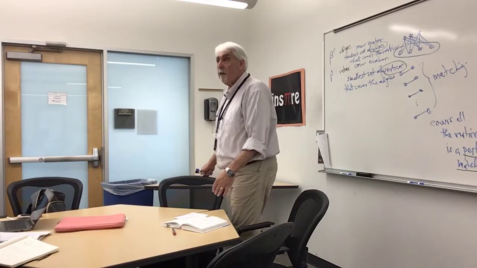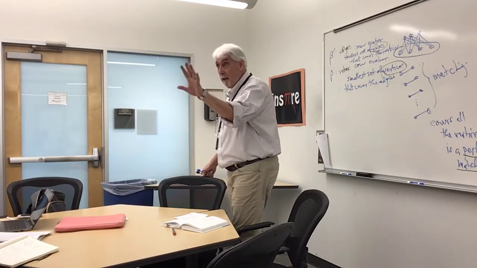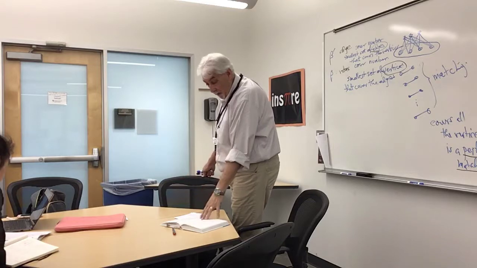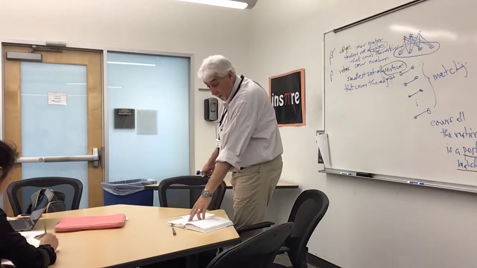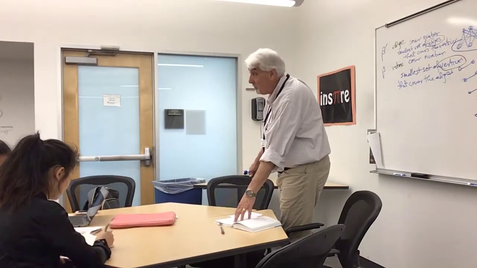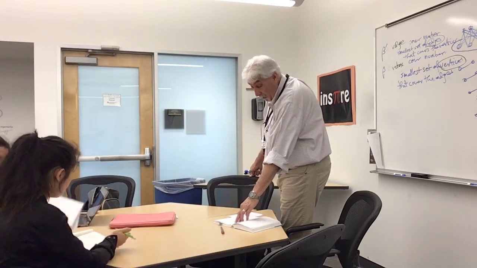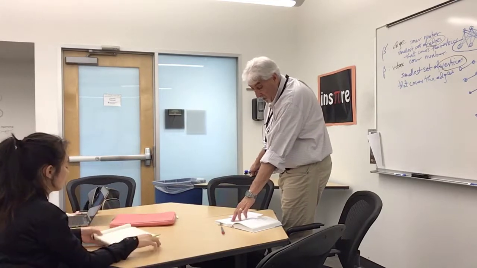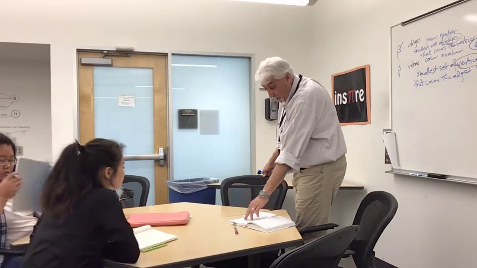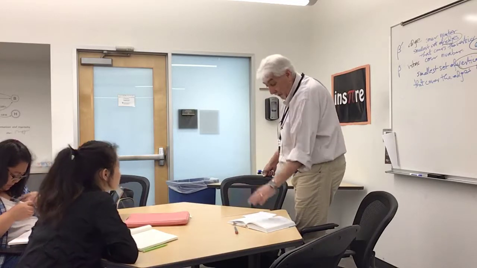Right. Okay, I got you. 5 and 5. Okay. I think that sounds right. So again, over the weekend, I want you to find a smallest vertex cover, a smallest edge cover. If you've done it, that's great.